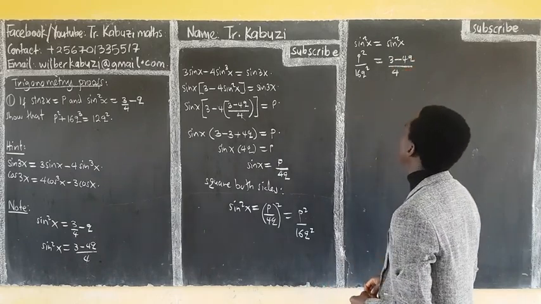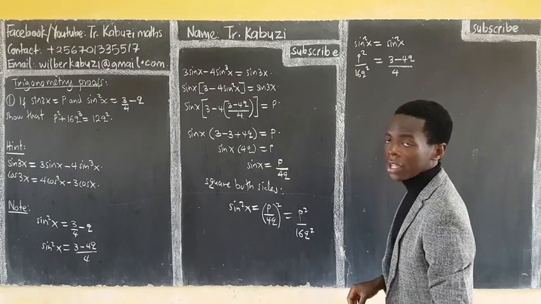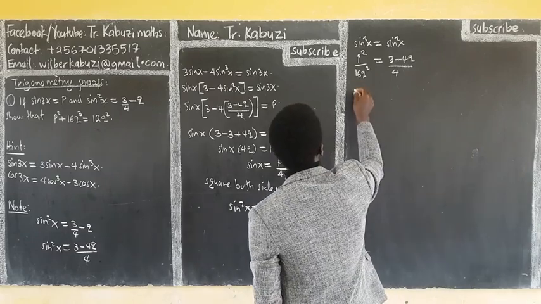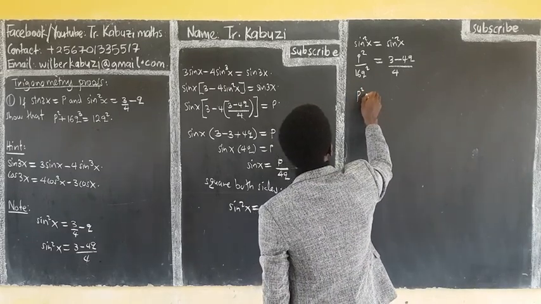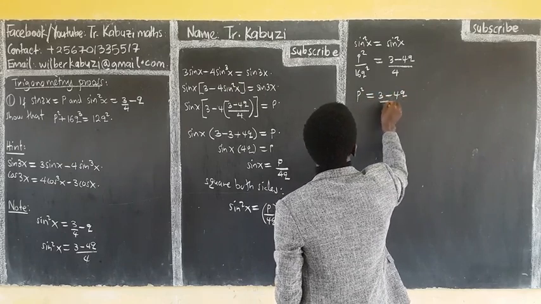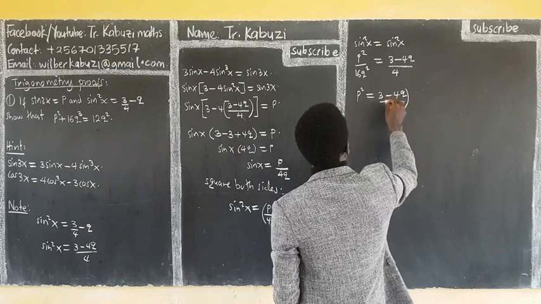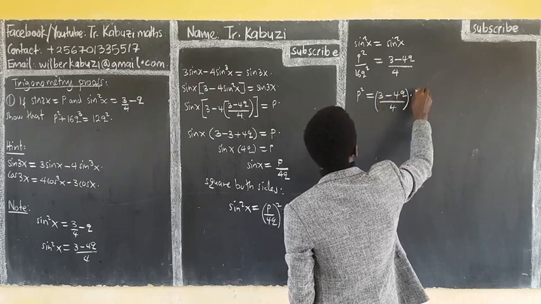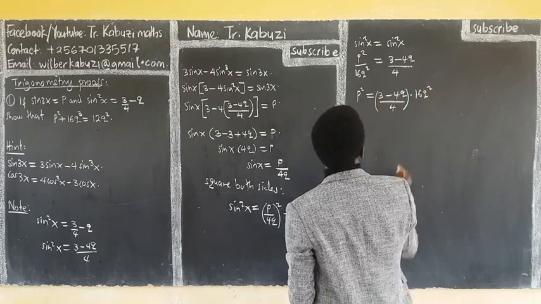Now you multiply through by 16q squared. We shall get p squared equaling 3 minus 4q, the whole over 4.